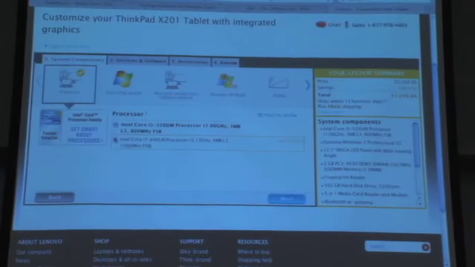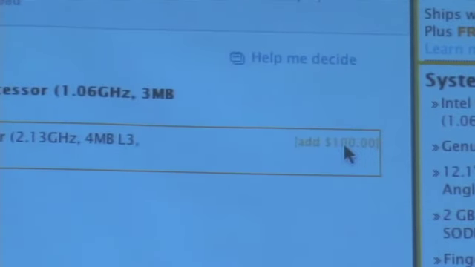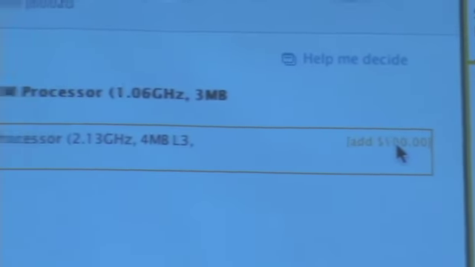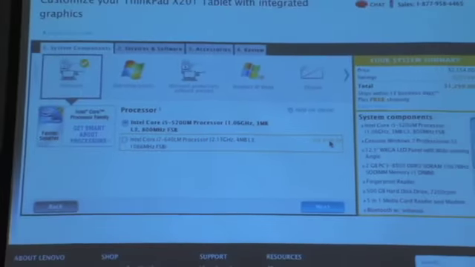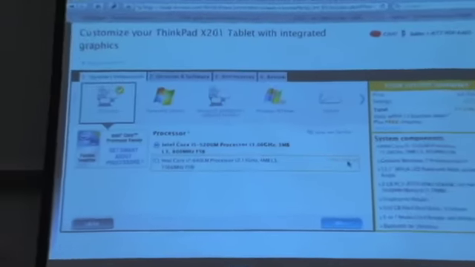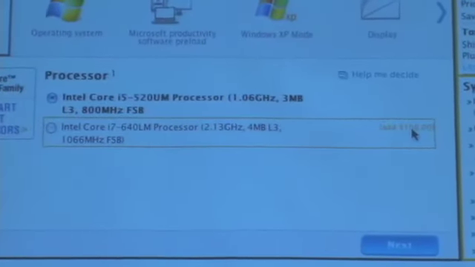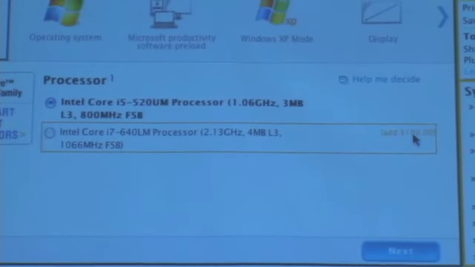Oh, there it is. If you hover, oh, there it is. Very light text, $100 for a different processor. But here, too, you can't necessarily compare CPUs as though they're apples and apples or oranges and oranges, because notice the difference here. Intel Core i5 520UM, whatever that is, some model number, 1.06 gigahertz, 3 megabytes L3, 800 megahertz front-side bus.